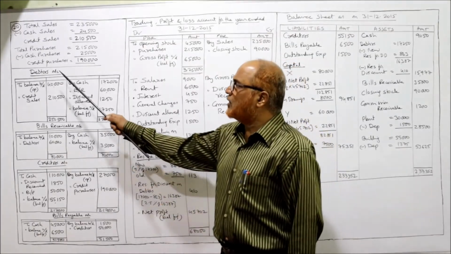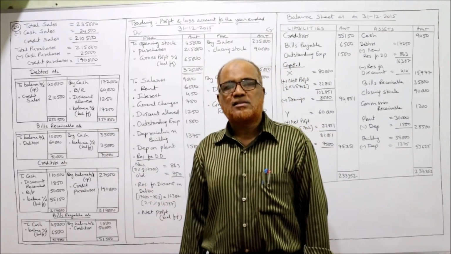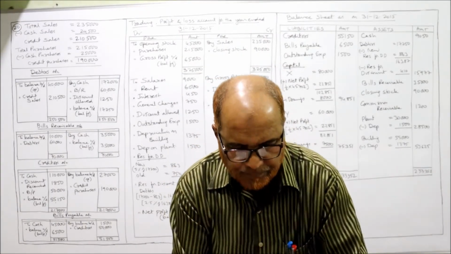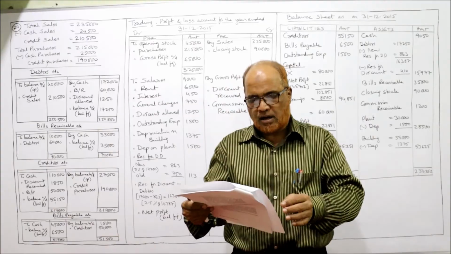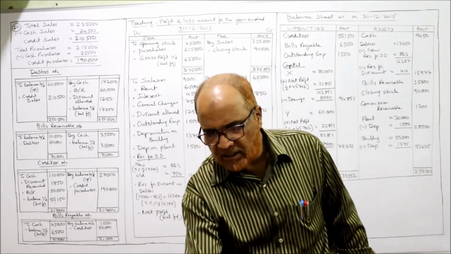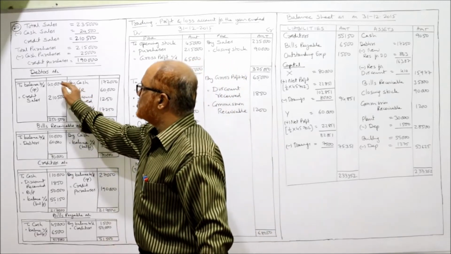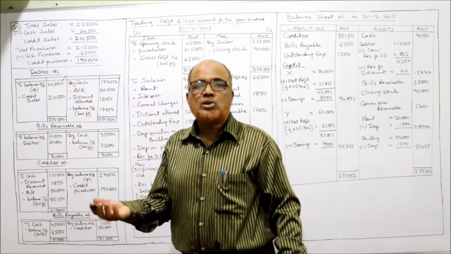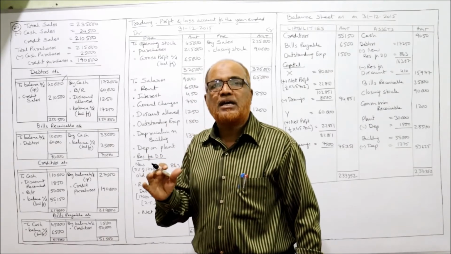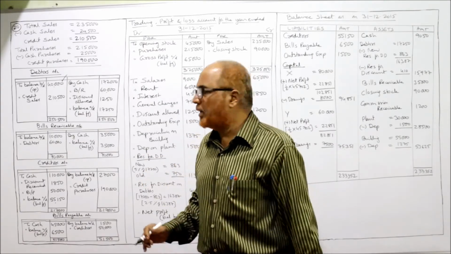Right? First of all, debtors. Opening debtors, you can see in last year's balance sheet, are 40,000. So opening debtors 40,000, I have taken on the debit side. Closing debtors are not at all given, we have to find out. Similarly, opening creditors are 27,000.